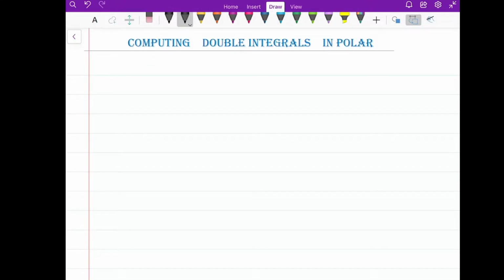The goal is this. We want to compute the double integral of a function of two variables x and y, dx dy, over the region R using polar coordinates. Okay, so why do we do that?